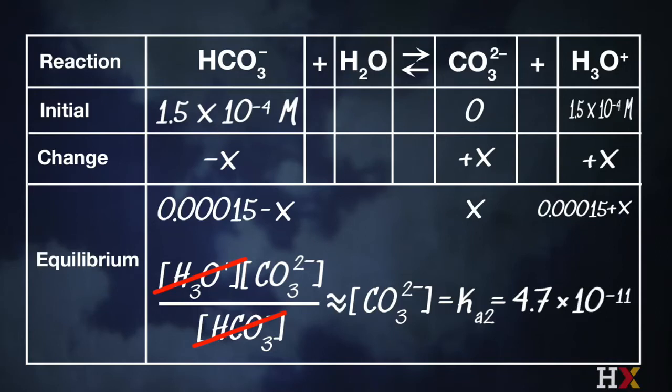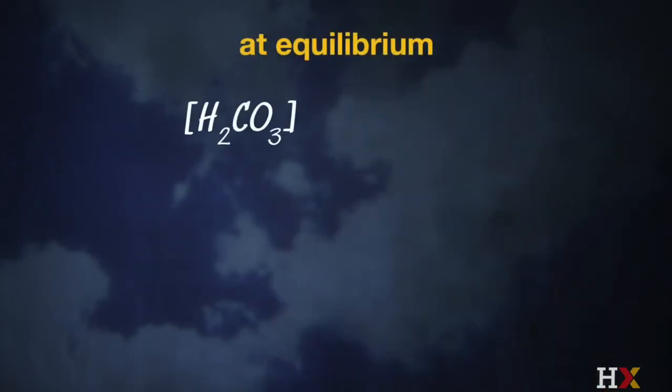Now that's very important because that's some 4 orders of magnitude smaller than the first acid dissociation constant. So we can calculate at equilibrium each one of the species in this mix, and that comparison is what we're looking for. So we know that the concentration of our carbonic acid, H2CO3, is 0.05 molar.